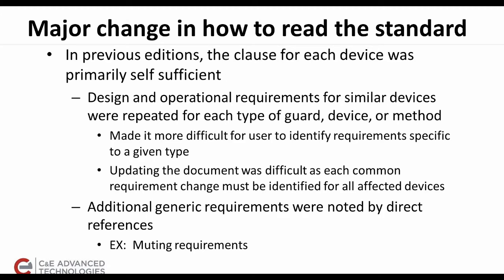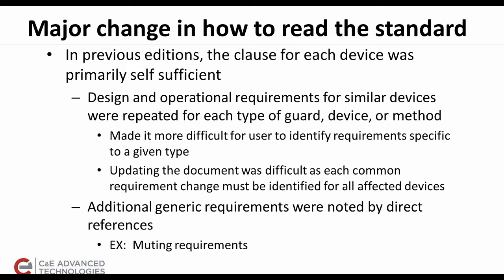A change in the way the standard is organized is that in the current version, we have made some changes with regard to how the clauses are organized. In the previous edition, each specific device or method had a complete description of all of its requirements. If this requirement was repeated over a number of different devices, it was listed again and again.